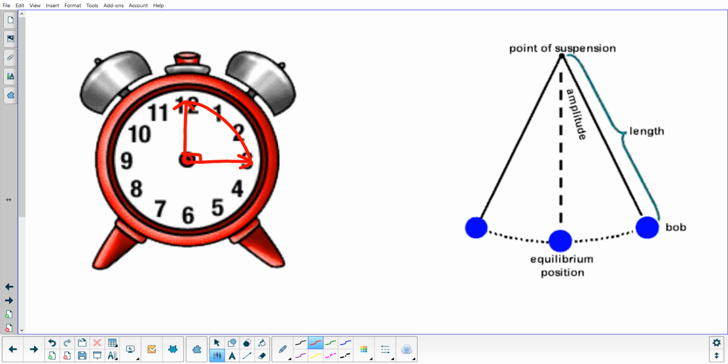So what does that mean the angle is every hour that you're moving? 30. 30, 60, 90. So if you wanted the angle between 12 and 4, it's 30, 60, 90, 120. So there's your angle. The only thing you have to do is change that angle to radians. Okay? But that's the idea of the problem about the clock.